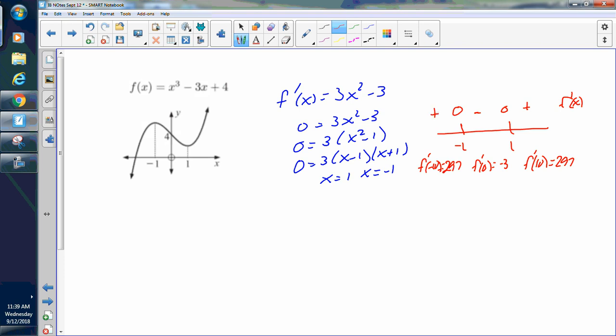So this function is positive on two intervals, so it's increasing from -infinity to -1, and also from 1 to infinity, and it's decreasing on the interval from -1 to 1.